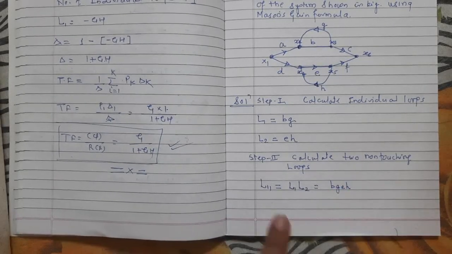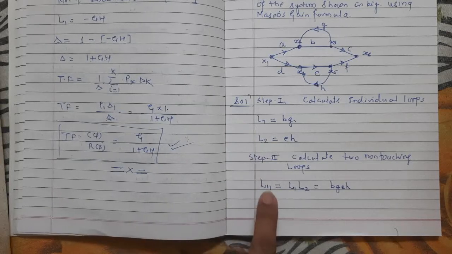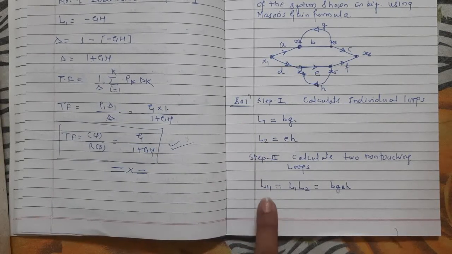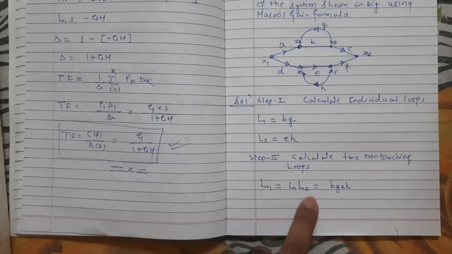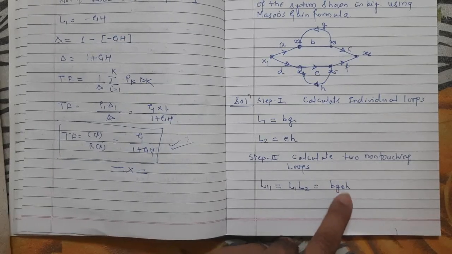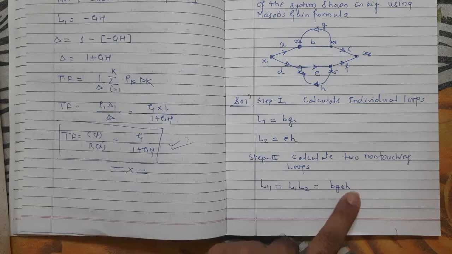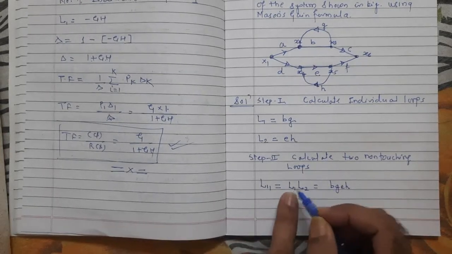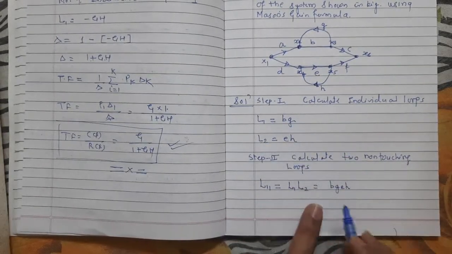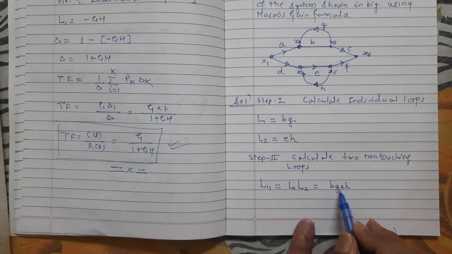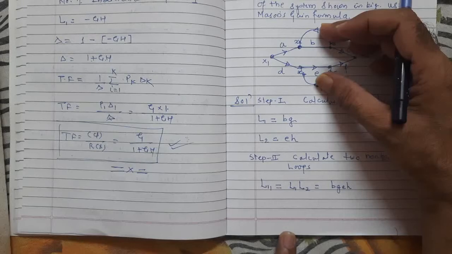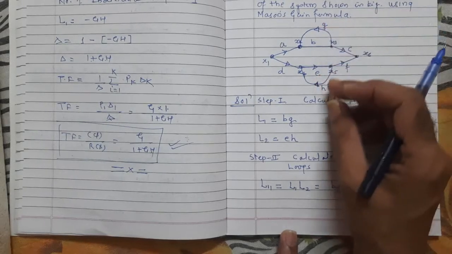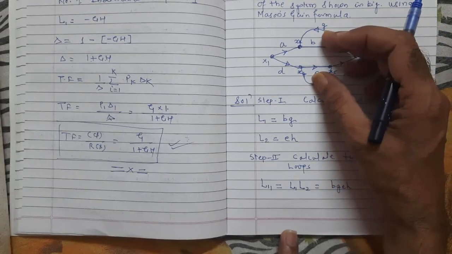Calculate the two non-touching loops. There is one combination, that is L11, that is L1 multiplied by L2. It is equal to B into G into E into H. L1 is B into G and L2 is equal to E into H. Because these two loops are separated from each other, none of the part of the loops is common to each other.